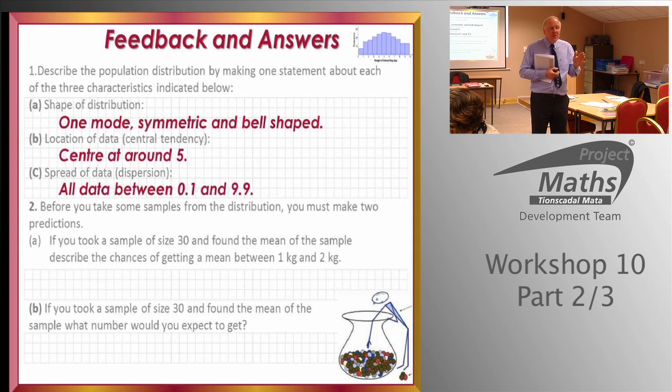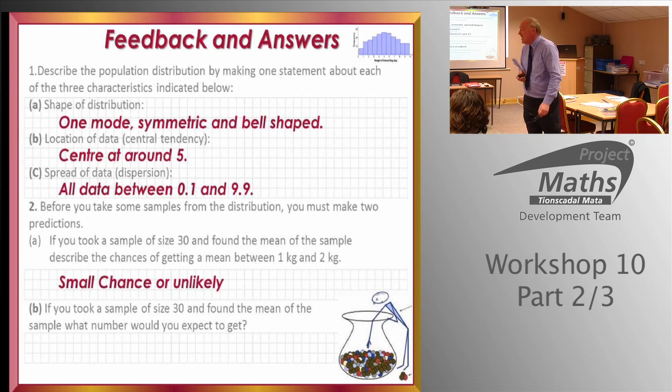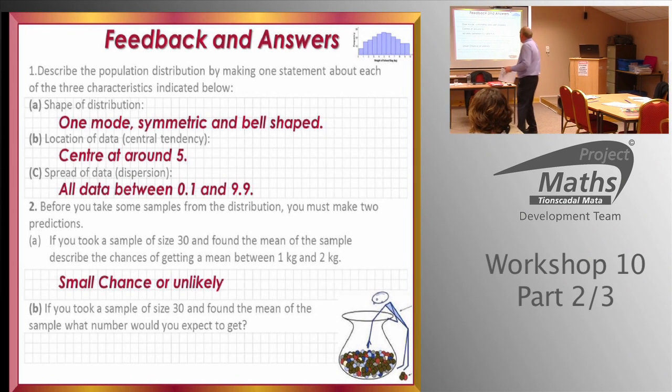You couldn't have many numbers up at 9.5 and things. So would your chances be very good or not very likely? Not very likely. They'd be small enough, wouldn't they? Small chance or unlikely. Is it possible? Yes, but not very probable.